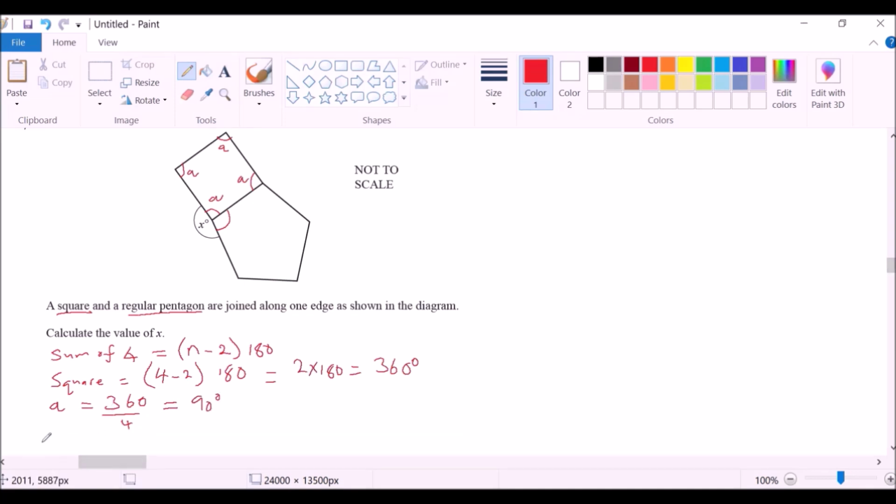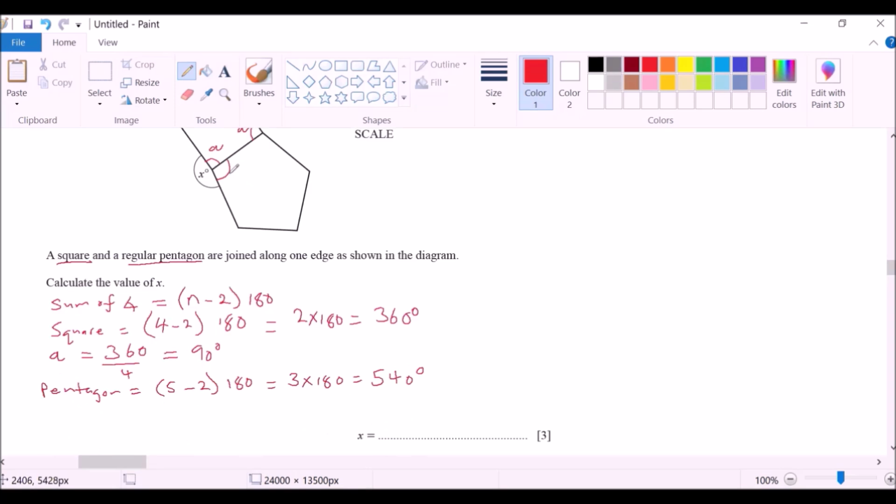For the regular pentagon, we have 5 sides minus 2 times 180, which is 3 times 180, which is 540 degrees. If each angle is B, since interior angles are equal in a regular polygon, so we have 5 angles.